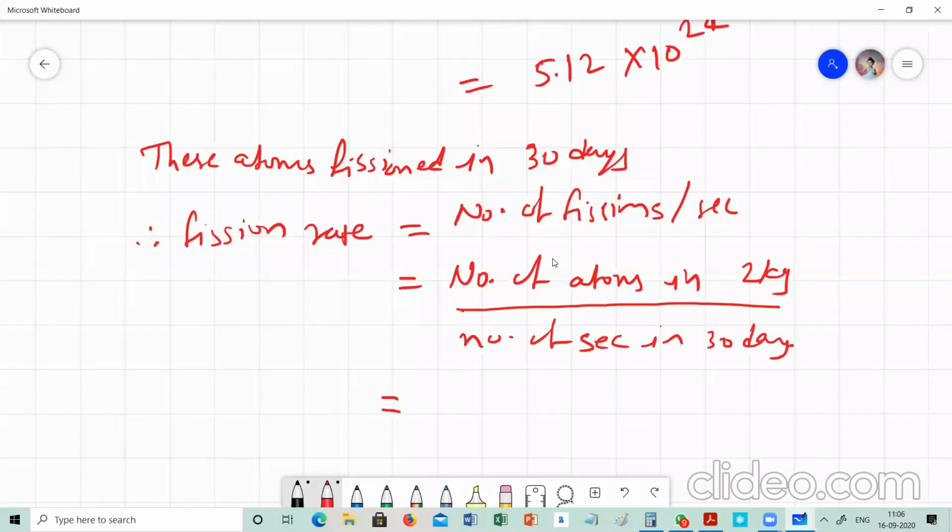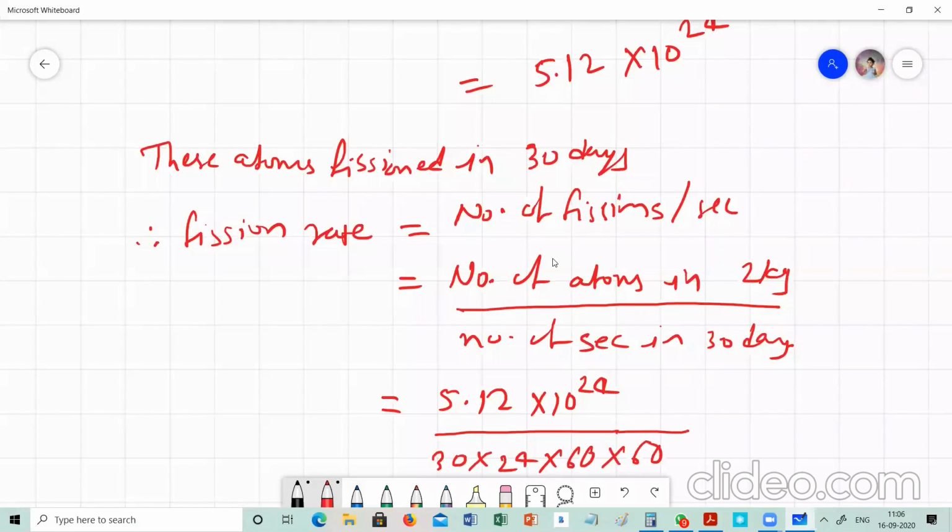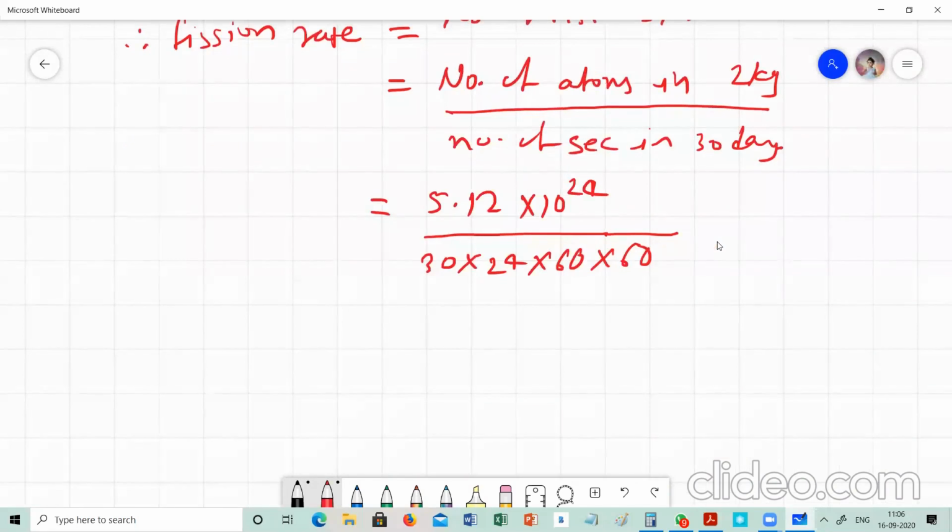Number of atoms in 2 kilogram is 5.12 into 10 raised to 24 divided by number of seconds in 30 days, which is 30 days into 24 hours into 60 minutes into 60 seconds. If you do this division, it will give 1.975 into 10 raised to 18.